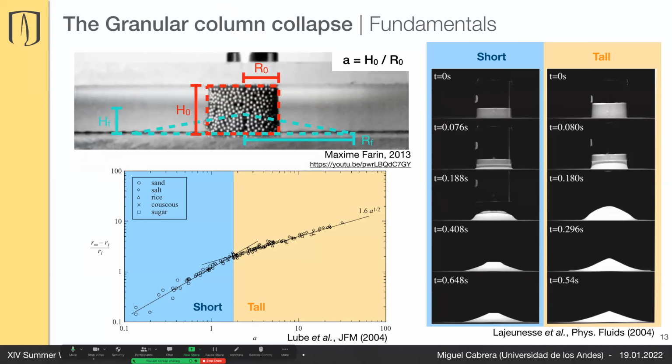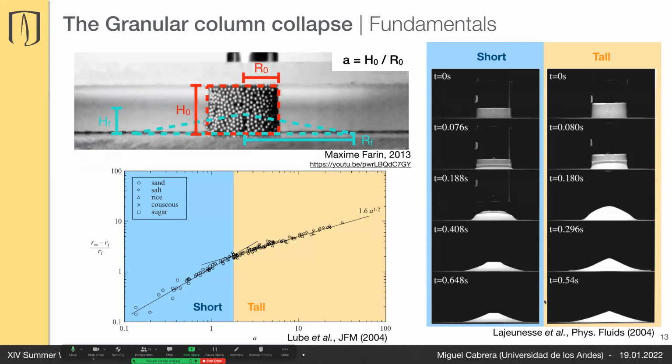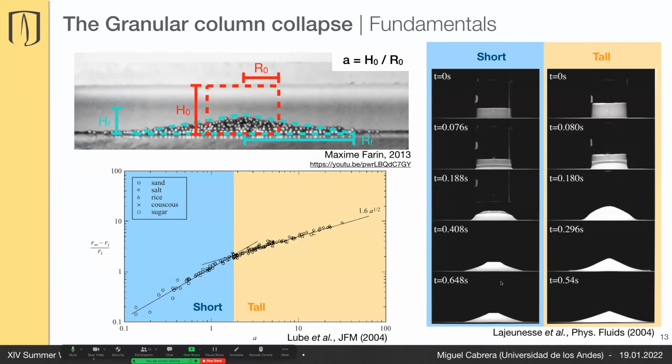Short collapses follow a power law, and tall collapses follow a different power law. And here in these snapshots, you can tell another additional difference that is not necessarily related to mobility, but it's another feature that appears when we observe the deposits of these column collapses. In short collapses, you observe a trapezoid deposit, and in tall collapses, you observe more of a pyramid deposit.